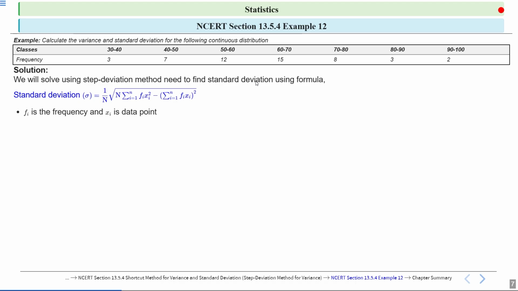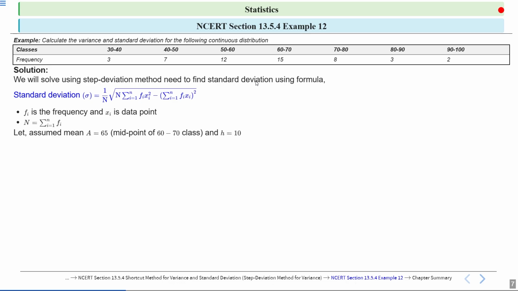Now let's clarify the symbols in the formula. fi represents the frequency for each class interval, and xi is the midpoint for each class. n is the sum of all frequencies, which means we add up all the fi values from the table.